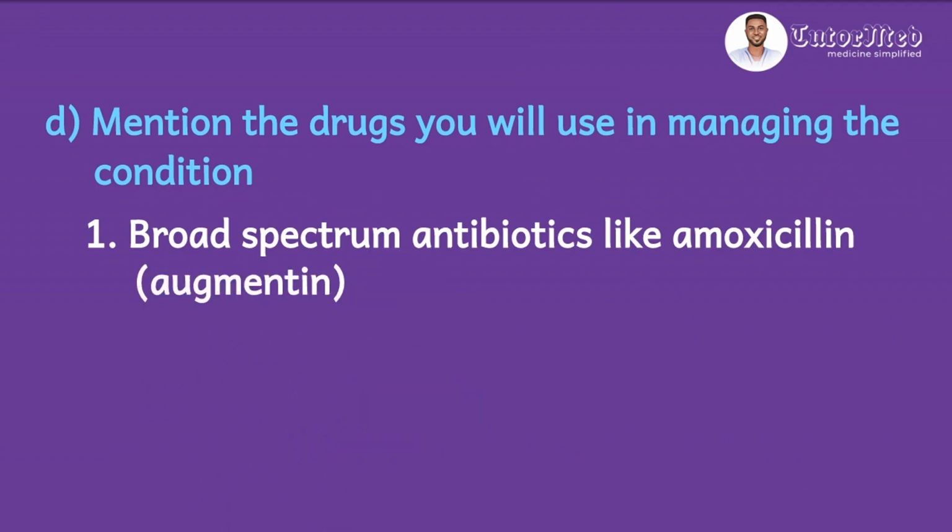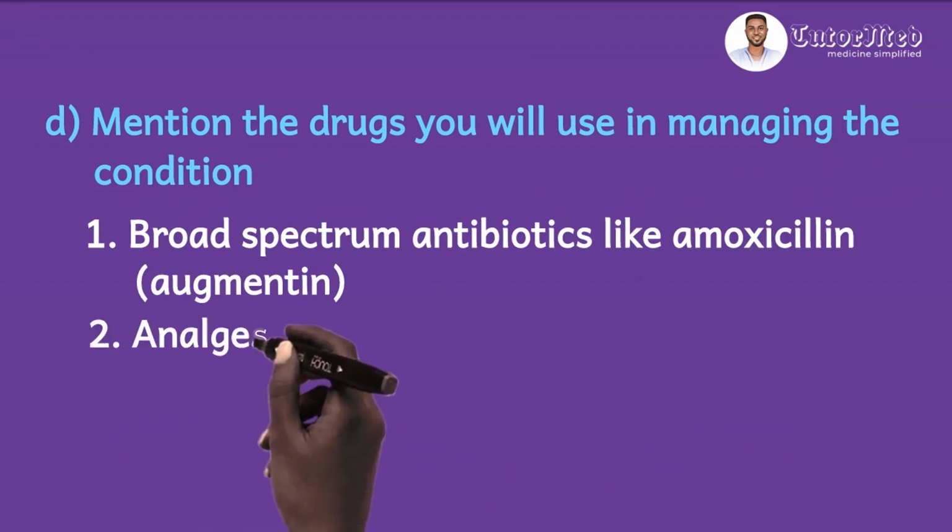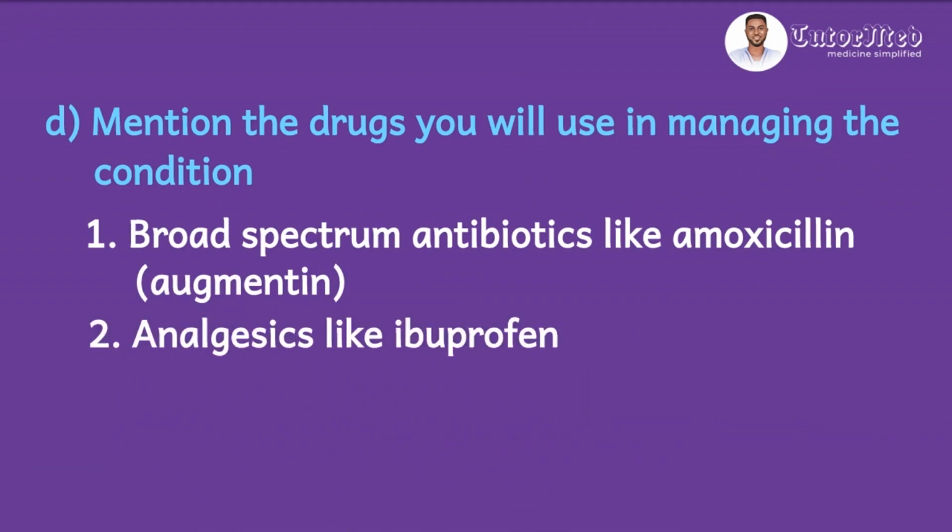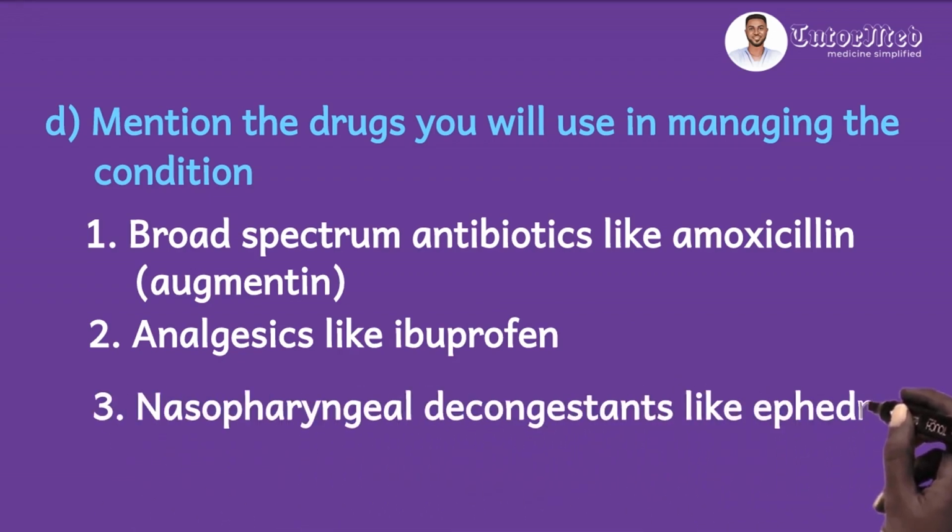Then you have to manage the symptoms, and so for the earache, we give analgesics like ibuprofen, paracetamol, etc. Then the patient may have nasal congestion, and so you have to give nasopharyngeal decongestants like ephedrine. And so your antibiotics, your analgesics, and then the nasopharyngeal decongestants.